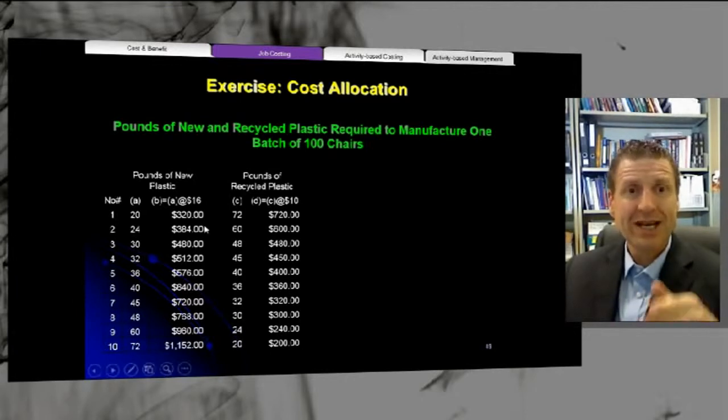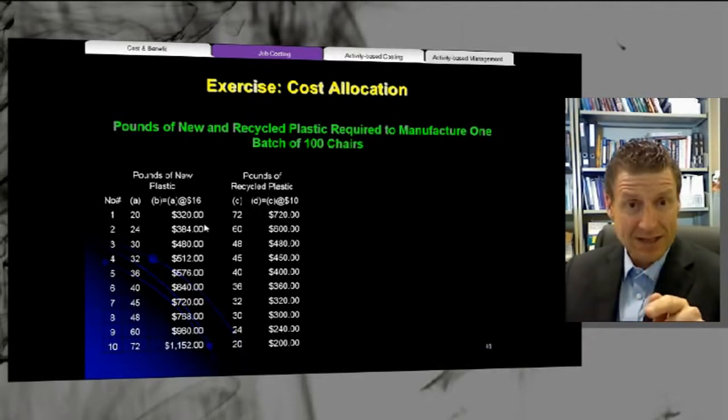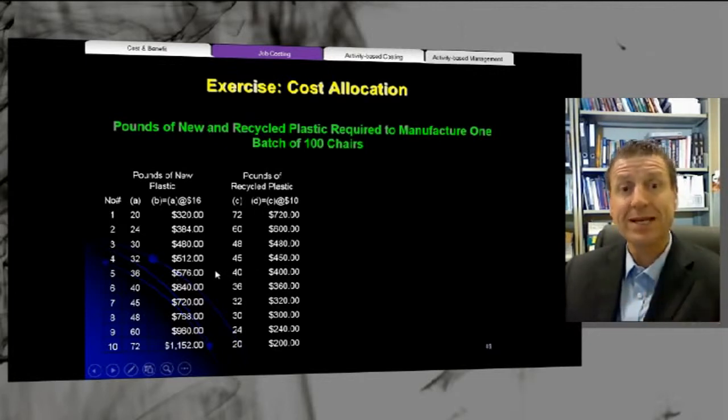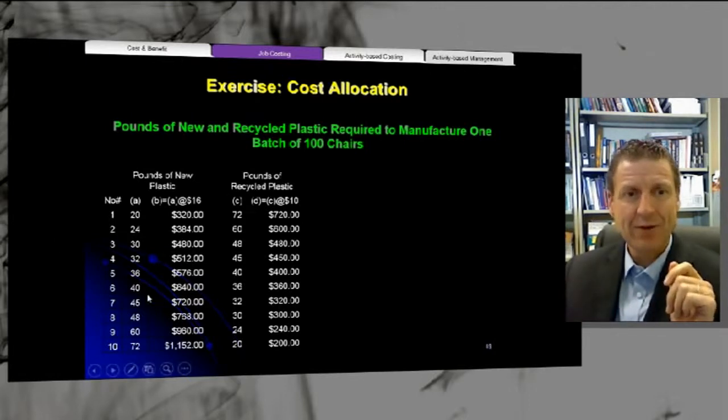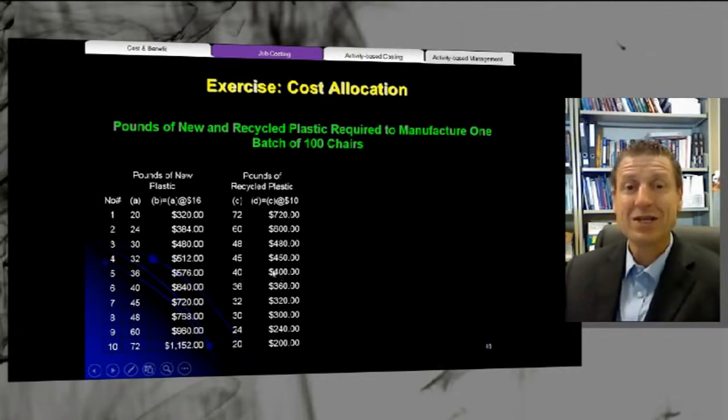As you can see, it is, let's see, 36 to 40. You can see that new plastic is actually more expensive than recycled plastic. If we get 40 pounds of new plastic, we have $640 that is required. If we have 40 pounds of recycled plastic, you can see there's $400 required.